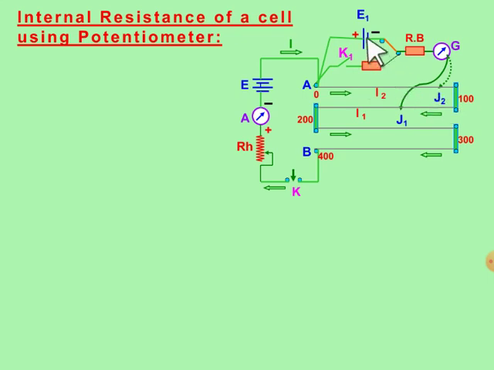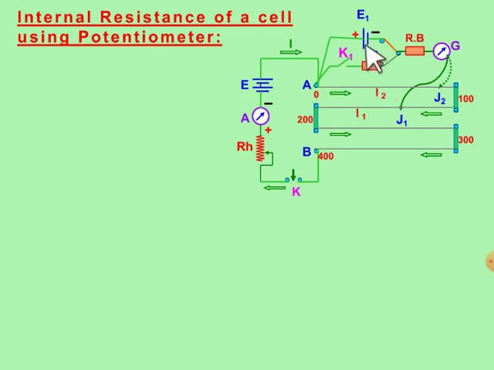Naturally, as some current is drawn from this cell E1, its potential difference will be less, so the balancing point will be at a shorter length from J1. Let J2 be the balancing point when the shunt resistance, that means a small resistance, is connected in parallel to the primary cell E1, and let that balancing length AJ2 be denoted by L2.